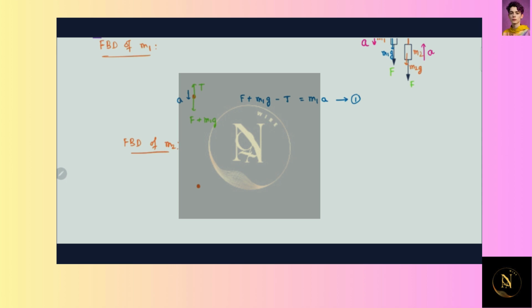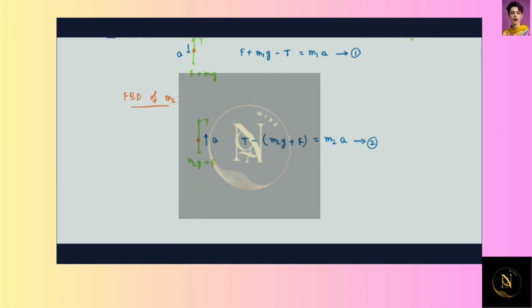The tension force is acting in the upward direction, and M2g and the F force are acting in the downward direction, and the block as a whole is moving upward with acceleration A. So by applying Newton's second law in the upward direction, the net force in the upward direction, which is T minus M2g minus F, is going to be equal to M2 times A. Let's say this is my equation number 2.